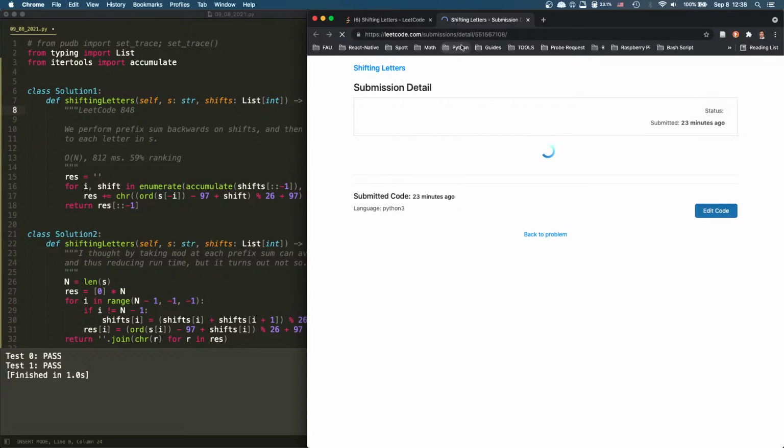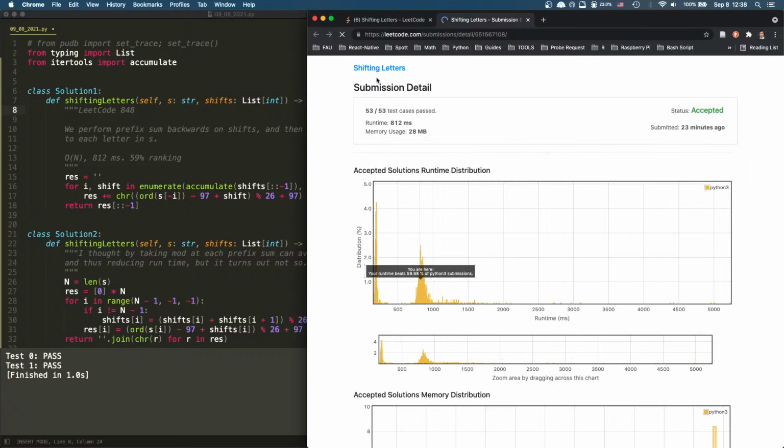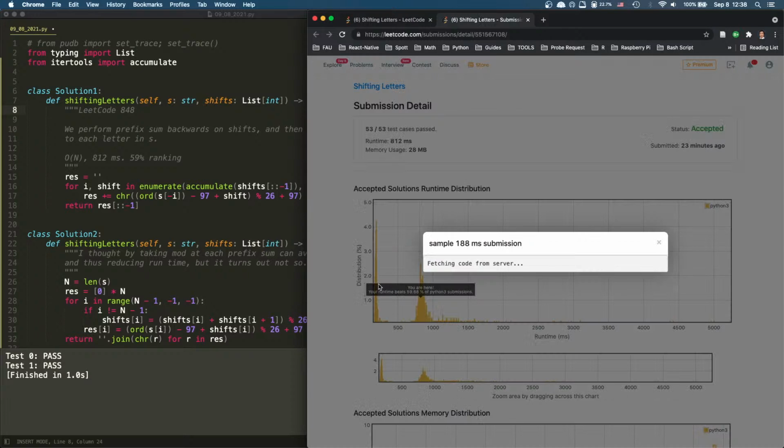So the only possible explanation for the 2 peaks is that these are done with a different test case. Wow, 188. My God, the speed.